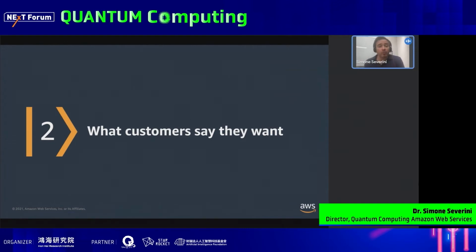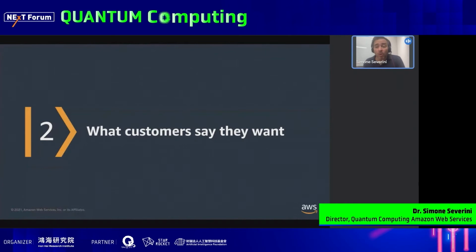And when it comes to quantum computing, given the very early days of this technology, customers want to know as much as possible if and when quantum computing will impact their business. And if the answer is yes, at some point quantum computers will be impactful in your business, then customers want to engage with the technology and get closer to it.